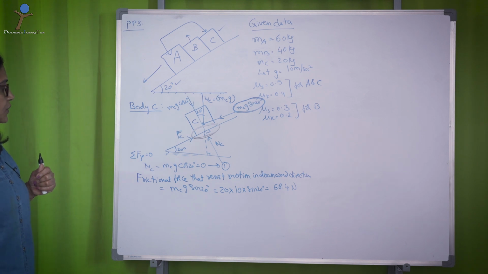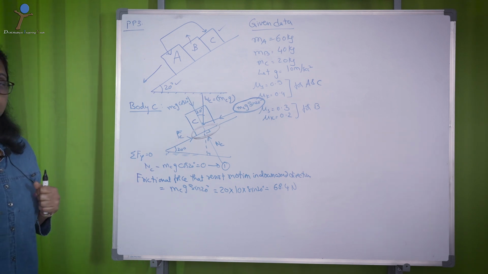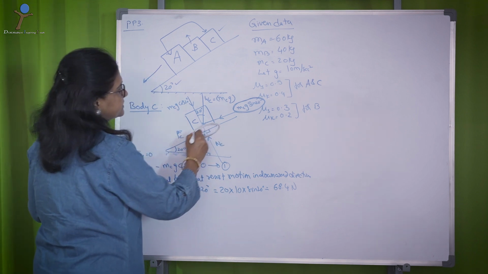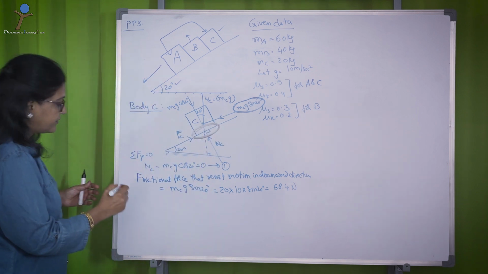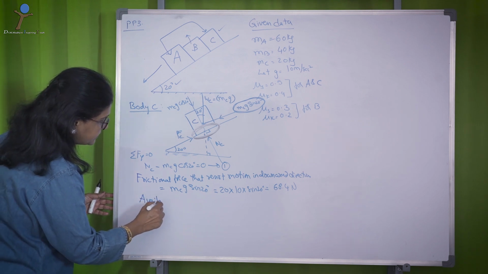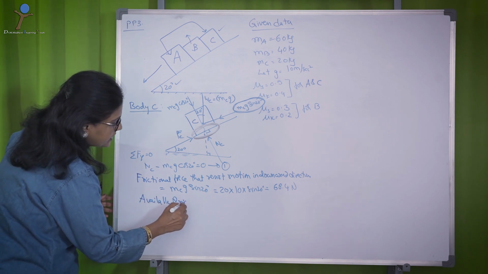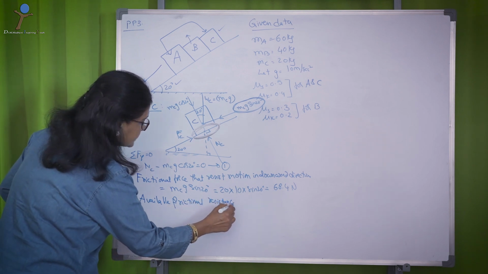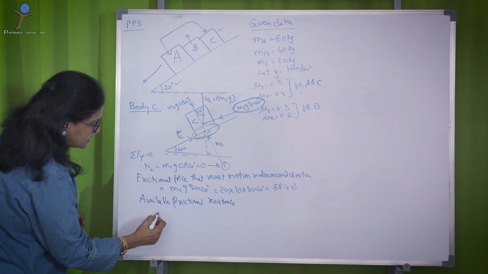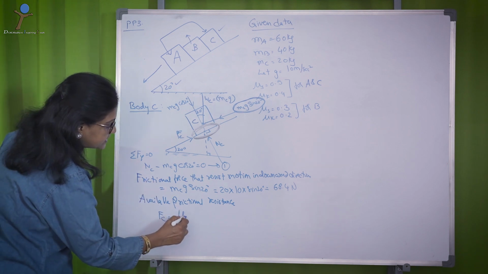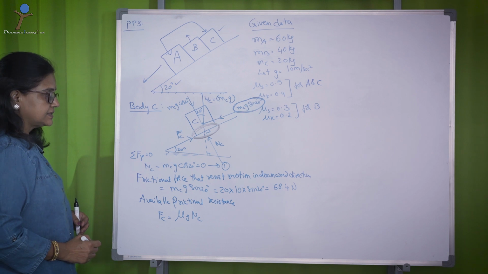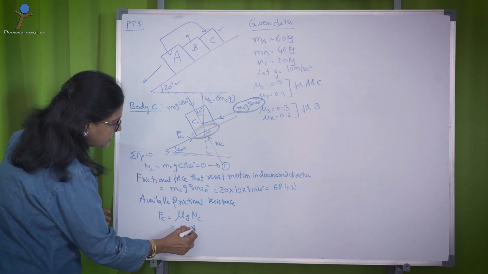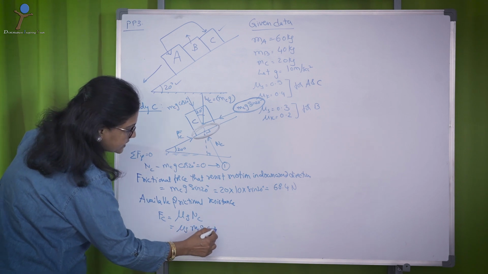Now, you have to calculate the available frictional resistance at the contact surface. The available frictional resistance at the contact surface here is obtained from the expression mu s into NC. From equation 1, NC can be considered as 20 into 10 into cos 20.